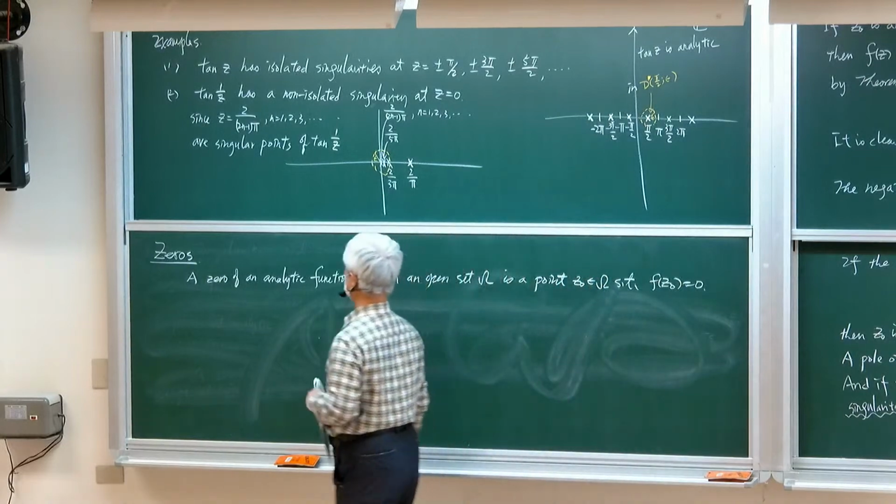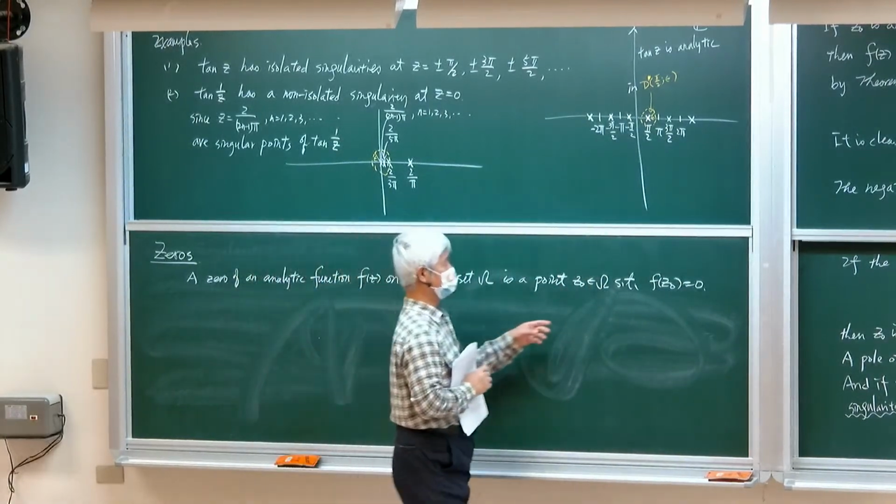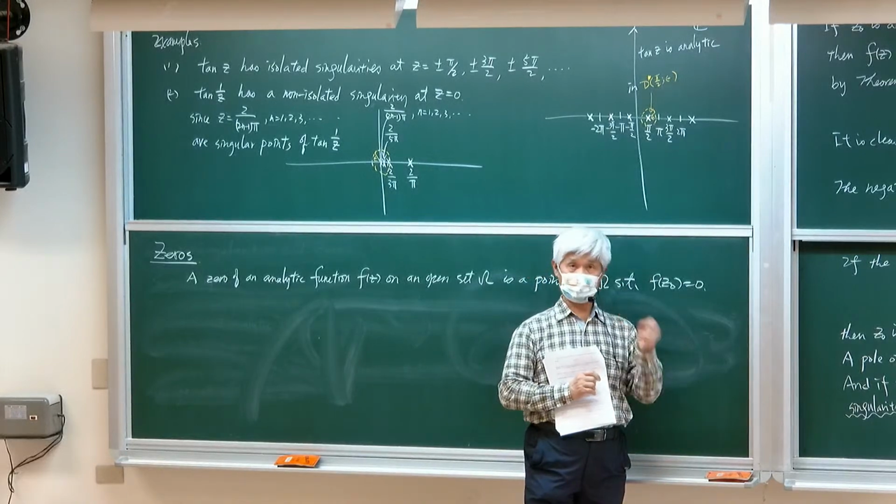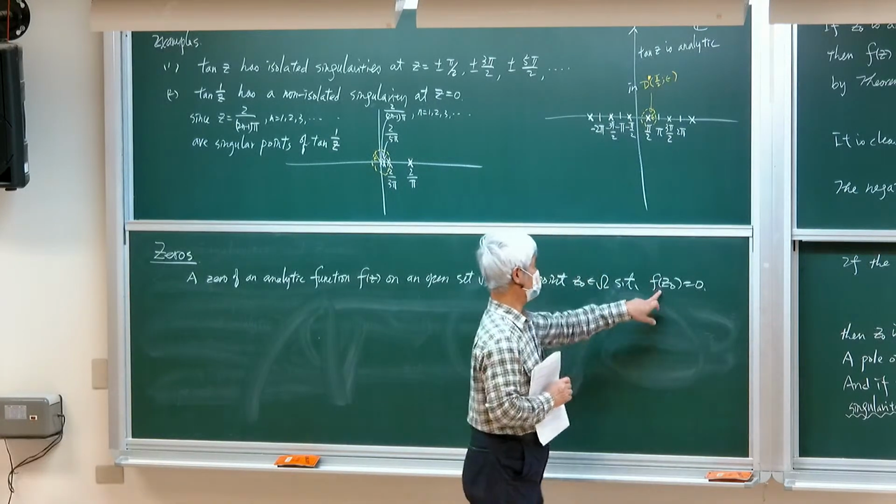So a zero is a point such that the corresponding function value is 0.